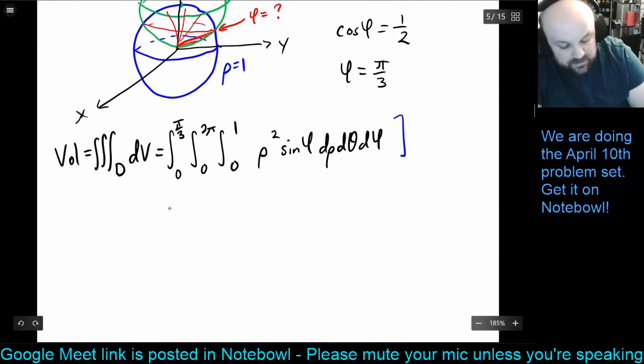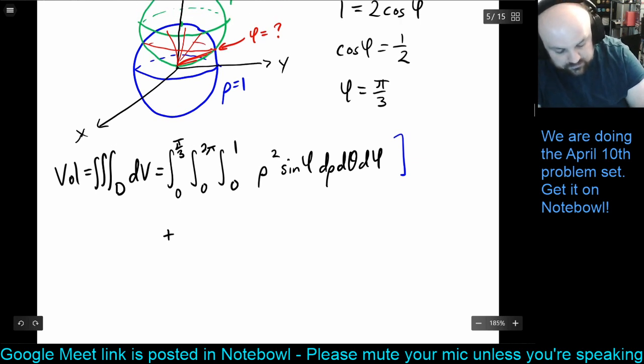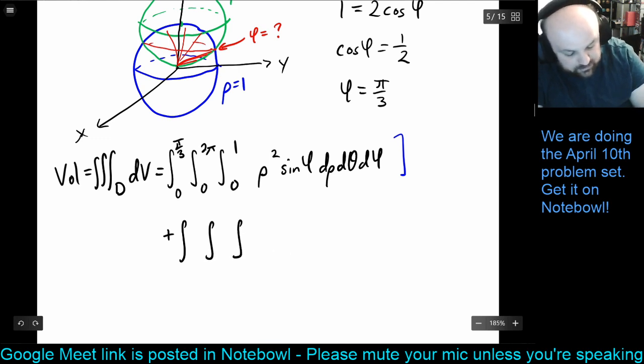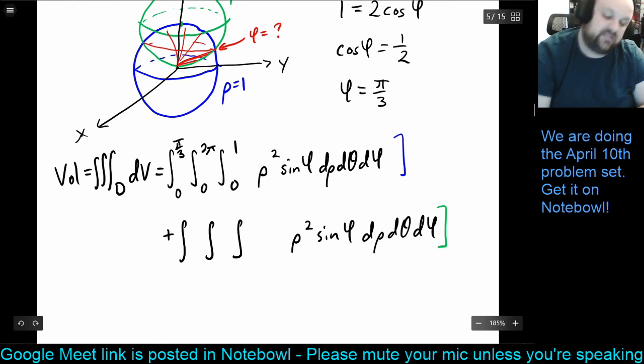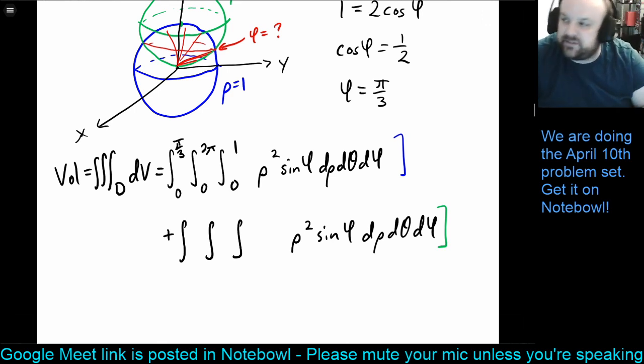Now we want the green part, this one. So again, rho squared sine phi, giving it a little more room this time, and I'm going to do d rho d theta d phi again. This is for the part that ends on the green sphere.